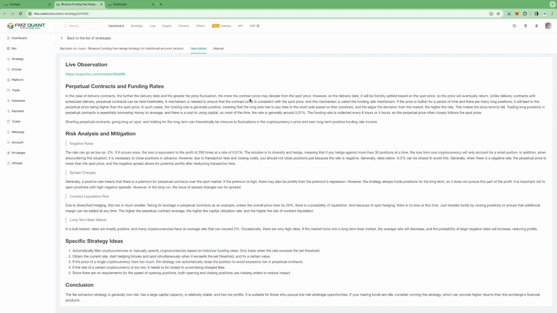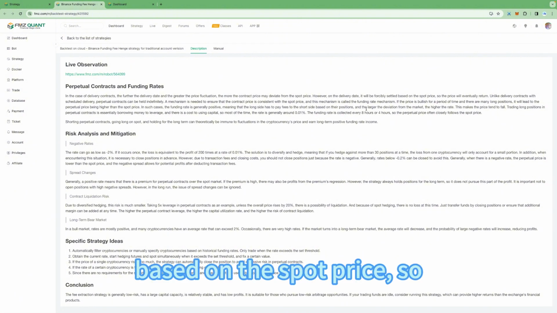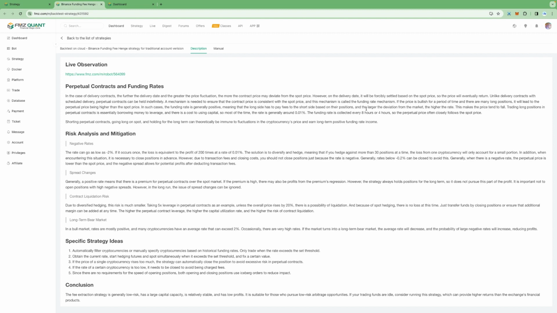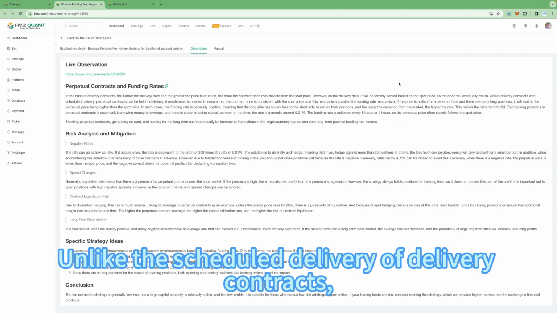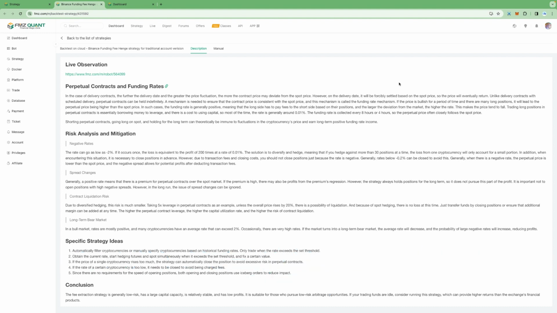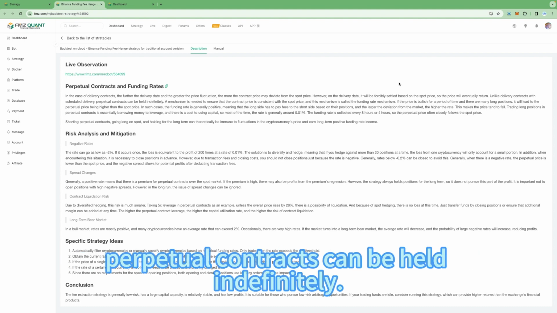However, on the delivery date, the settlement will be based on the spot price, so the price will always return, unlike perpetual contracts, which can be held indefinitely, without a scheduled delivery.